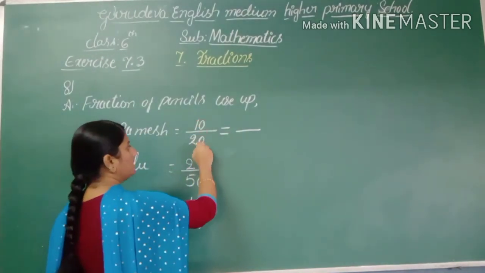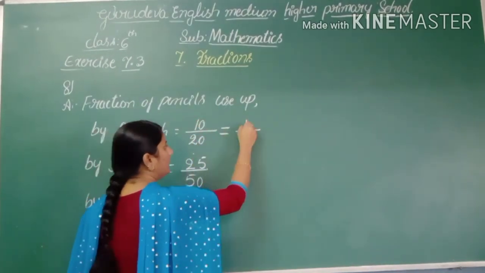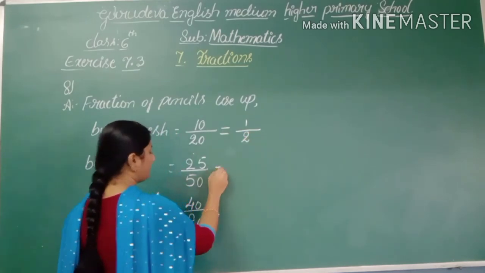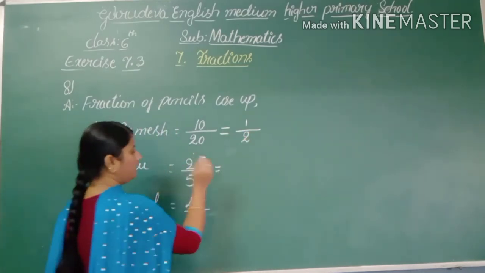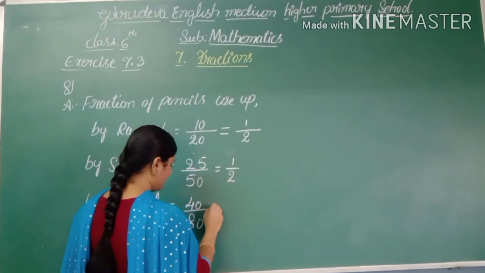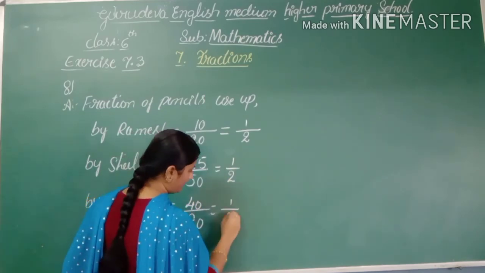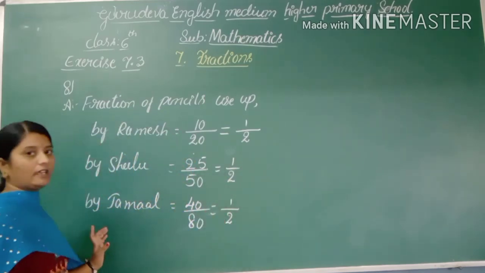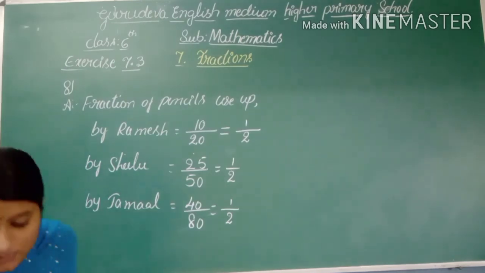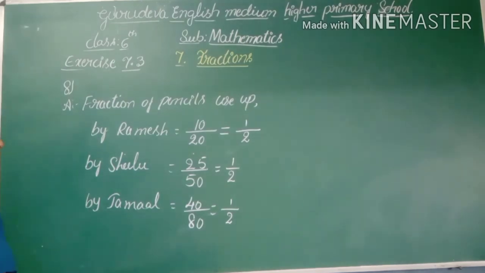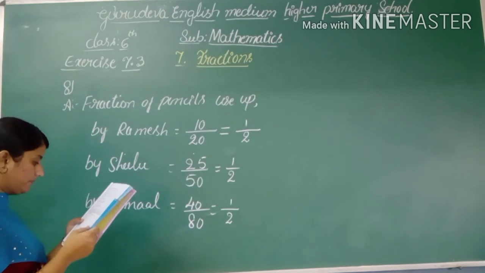10 by 20 means 0 and 0 get cancelled. It is 1 by 2. Then 25 by 50: 25 1s are 25, 25 2s are 50. Then 40 by 80: 40 1s are 40, 40 2s are 80. Therefore, all three members used equivalent fractions.